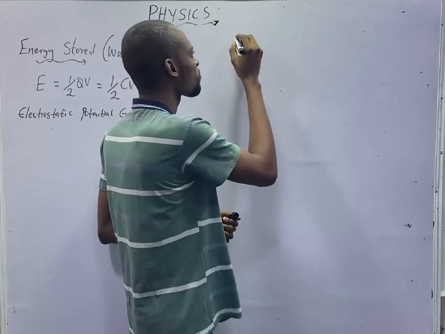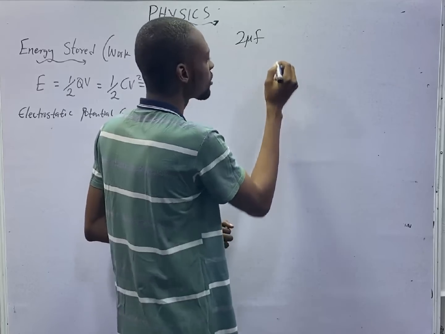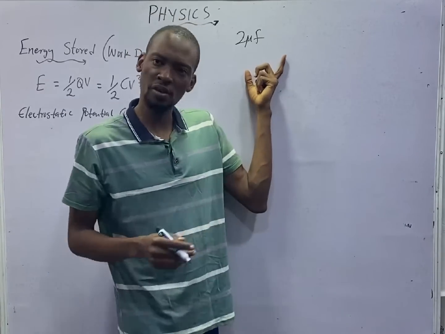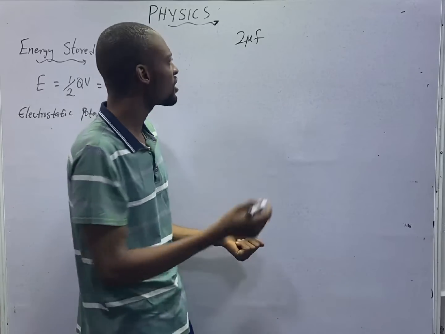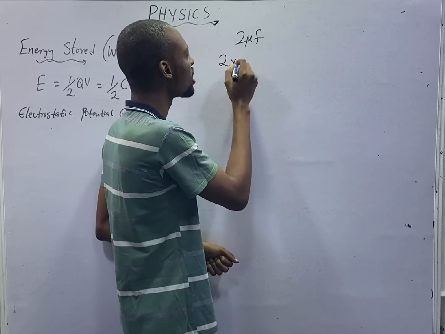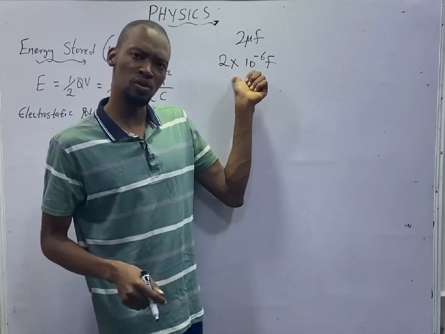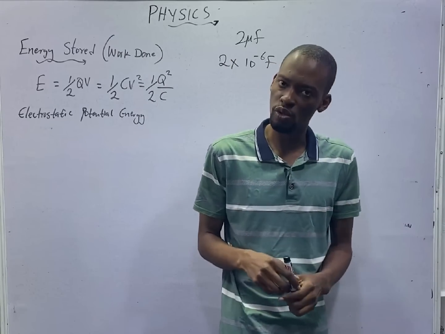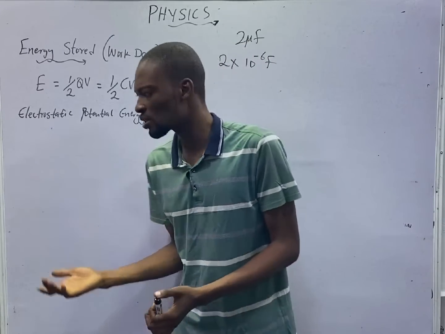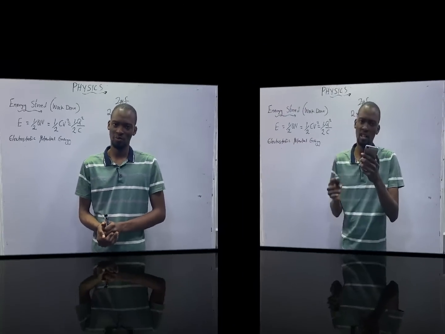If you are given 2 microfarad and you are solving for energy stored in a capacitor, you simply say this is 2 times 10 to the power minus 6 farad. This is what you should use to solve. And the unit of energy is joules. Even in capacitors, the energy stored is in joules.